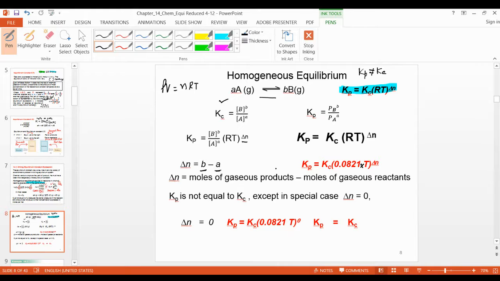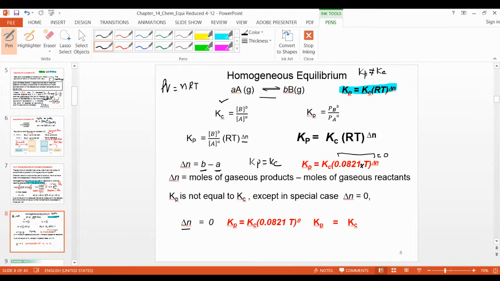But how does this Kp equal Kc? Only if this all becomes 0, then this will be equal to Kc. Look here. How will this all become 0? If delta N is 0, then delta N multiplied by this whole information, R and T, becomes 0.